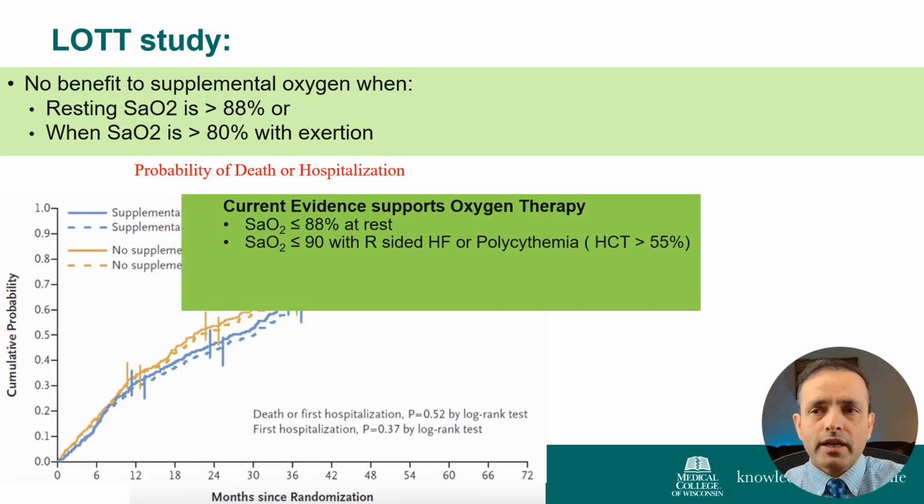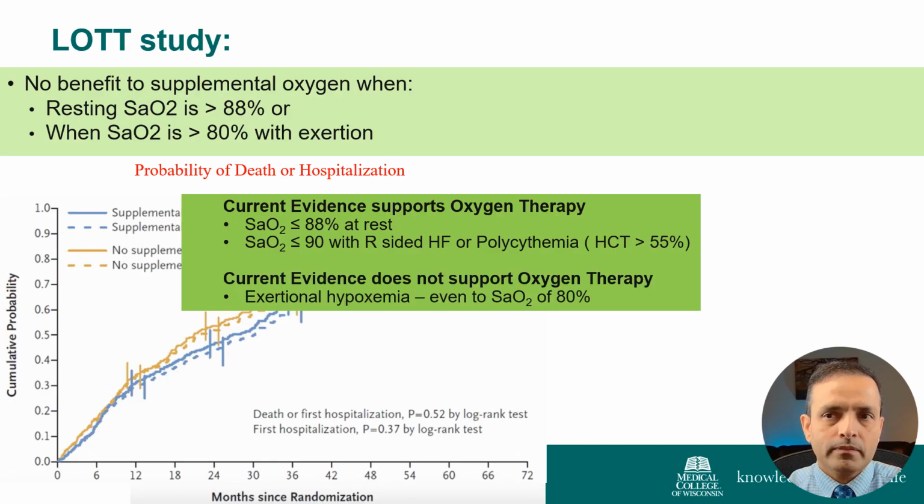So current evidence supports oxygen therapy if your saturation at rest is less than or equal to 88, or if your saturation is less than or equal to 90 with right-sided heart failure or polycythemia with hematocrit more than 55. Current evidence does not support oxygen therapy when you have exertional hypoxemia of medium level, down to a saturation of 80.